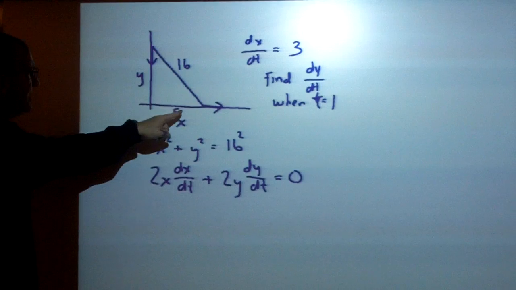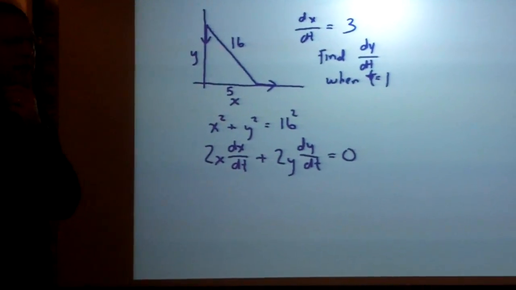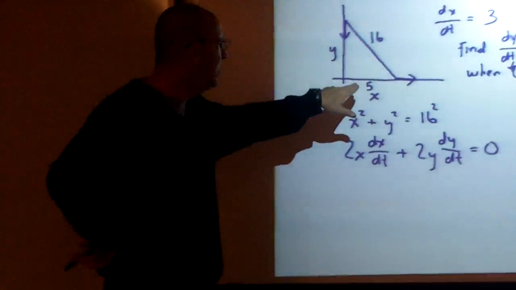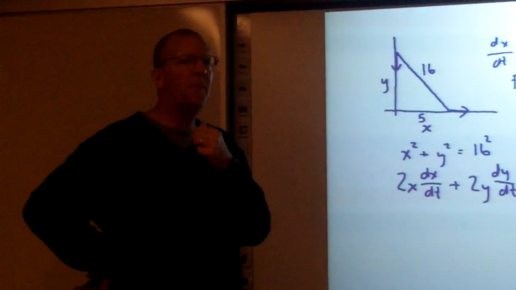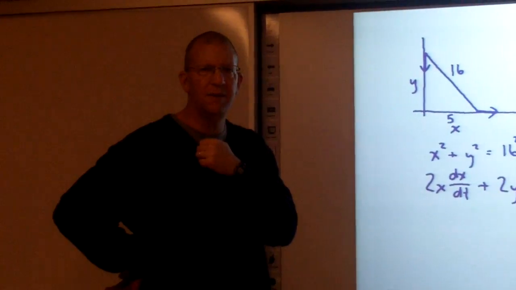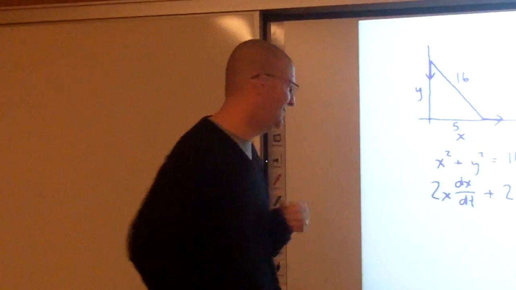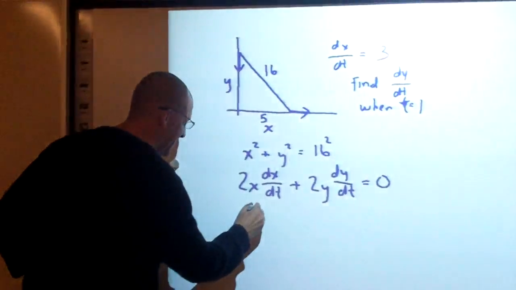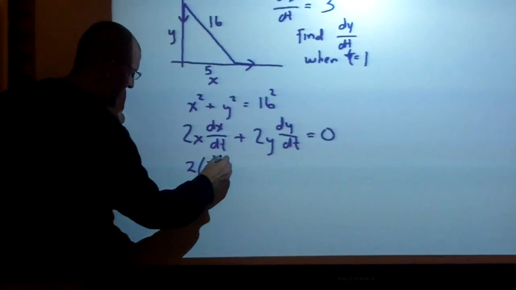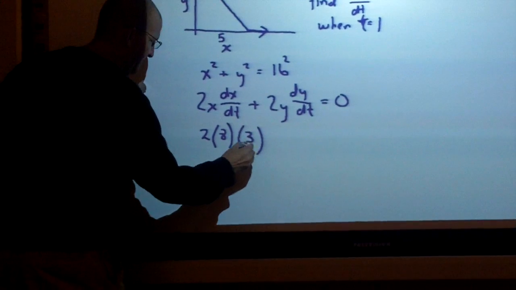If dx/dt is moving out at 3 feet per second, and we start at 5, where will the bottom be when t equals 1? That's right, 8. 2 times 8 times 3.